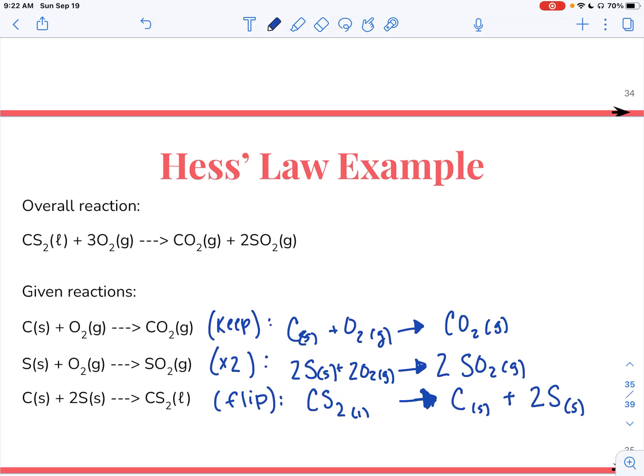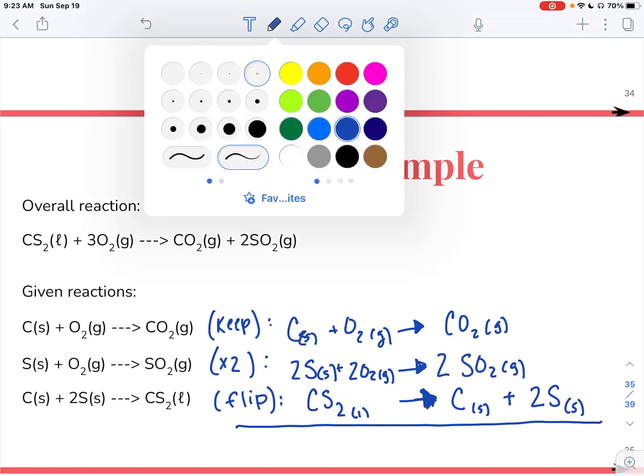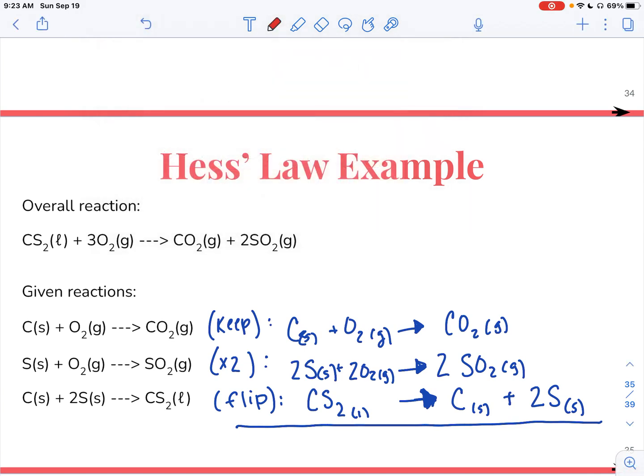So now what we're going to do is add them together. What you could do is just add everything before the arrow in one line, everything after the arrow in one line, and then cancel. I think it saves time and energy if we just cancel now, okay? So see how I have carbon before the arrow up here and after the arrow down here?